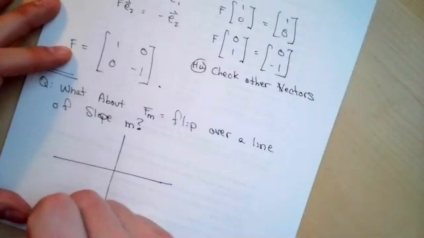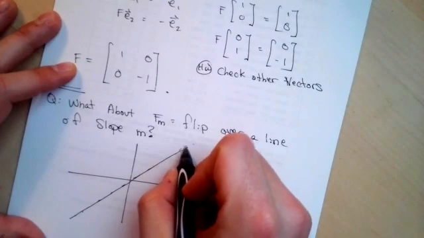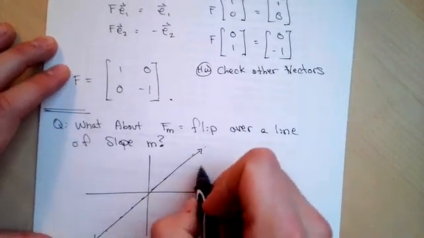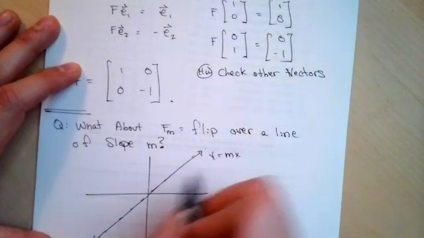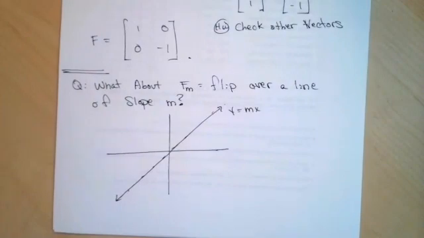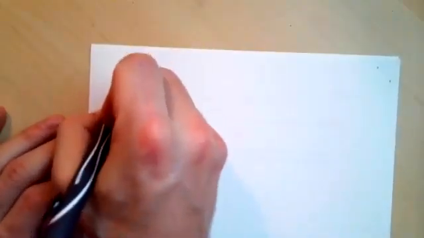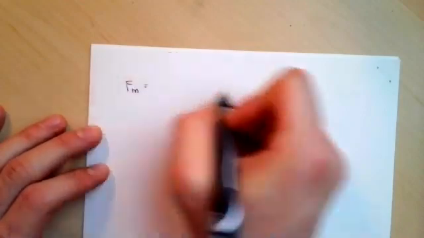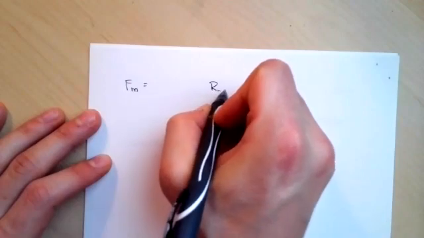It's a bad coordinate system, but let's say we have this line, where our slope is M. How do we find the matrix for it? I claim that first what we can do is rotate by an angle of negative theta.